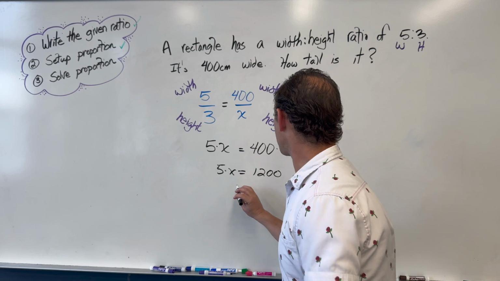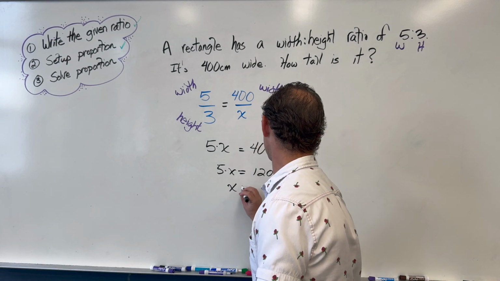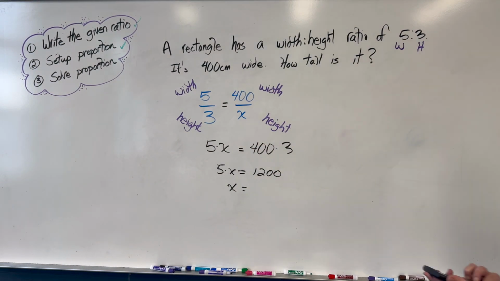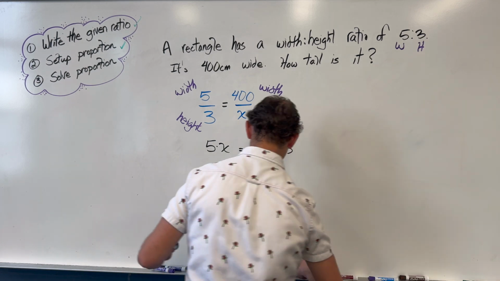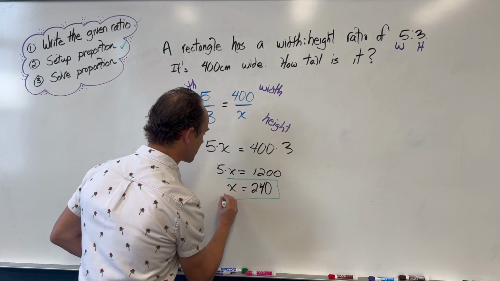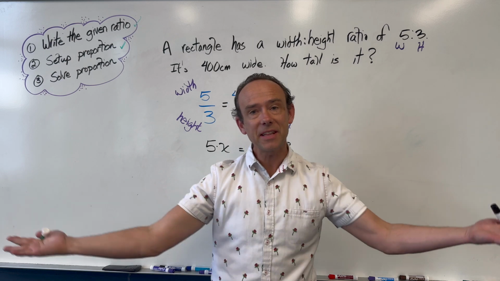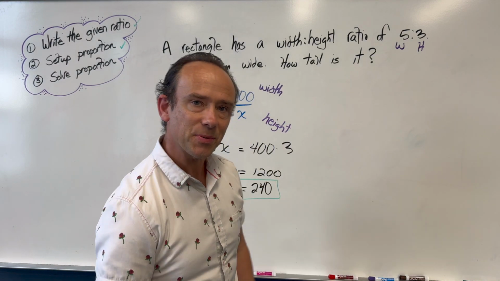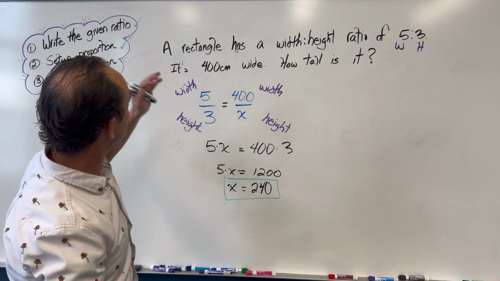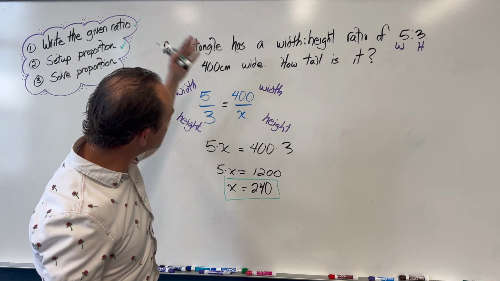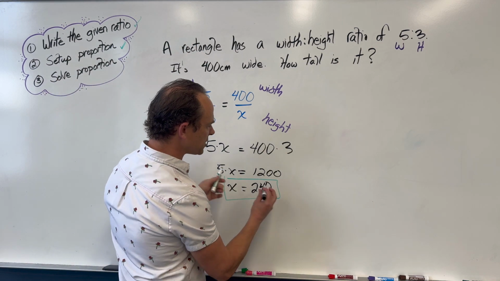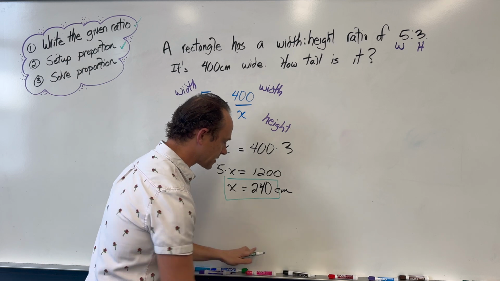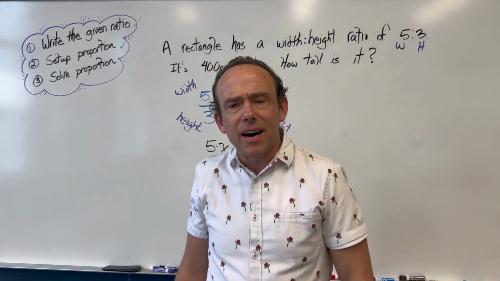Now divide by 5. And we got 240. Isn't that beautiful? Write the ratio that's given, set a proportion, solve the proportion, and you are done. Maybe you want to put units on that final answer if you'd like.